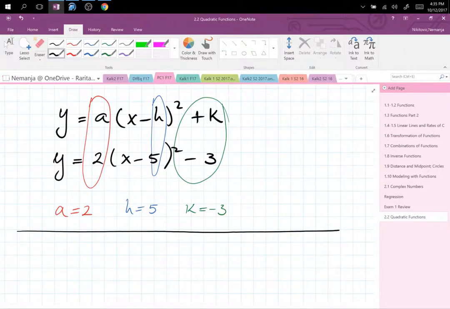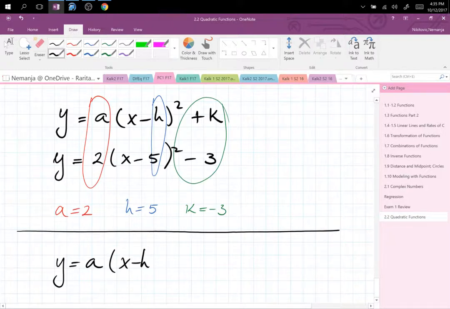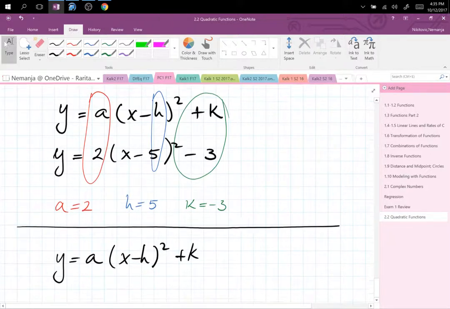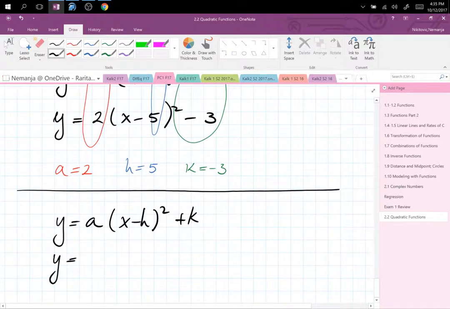Well, let's see another example. So, how about I'll write the formula again: y equals a times (x minus h) squared plus k, and y equals -4 times (x plus 3) squared plus 9, whatever.